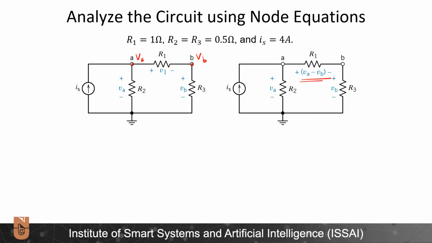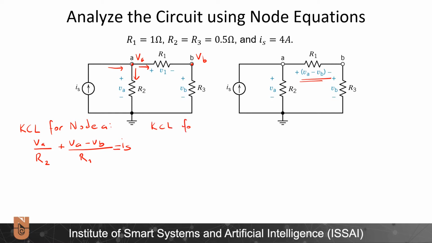I need to write the KCL for node A. IS is entering and these currents are getting out. So in other words, I can write VA over R2 plus VA minus VB divided by R1 will be equal to IS.